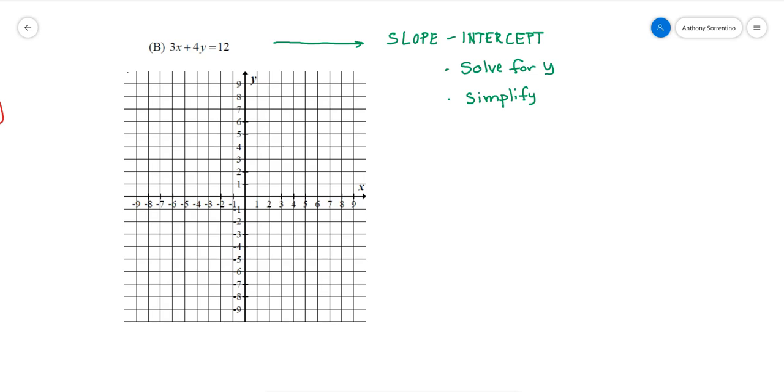So if I take the 3x plus 4y equals 12, I would subtract 3x from both sides in order to start getting the y alone. I would then divide both sides by 4. Maybe show a different color here.